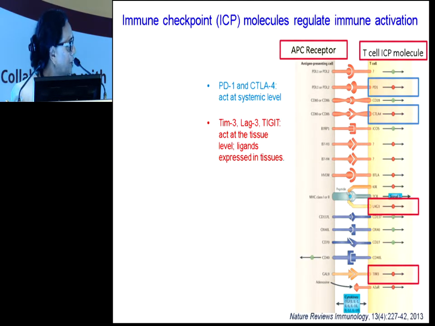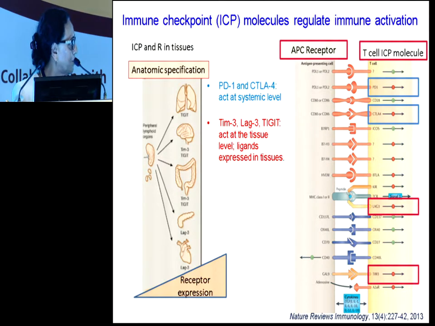And checkpoint inhibitors are molecules that are present on T cells. And when T cells get activated, they have to interact with the receptors on monocytes. And these receptors are required for T cells to proliferate, as well as receptors are required for the response to come down. And PD1 and CTLA4 act at a systemic level, whereas TIM3, LAG3, and TIGIT are important markers which act at the tissue level.